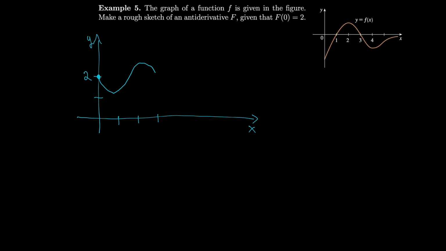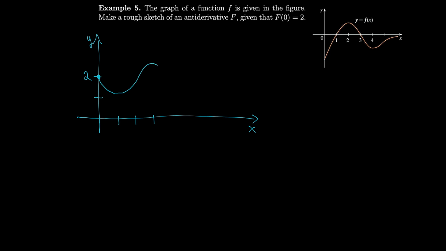So let me erase this a little bit, because we should start going down once we hit 3. So it looks like I should stay up there a little bit more, and then maybe start going down once we hit 3. Let's see if I can put these in first. Maybe it'll be easier to draw.